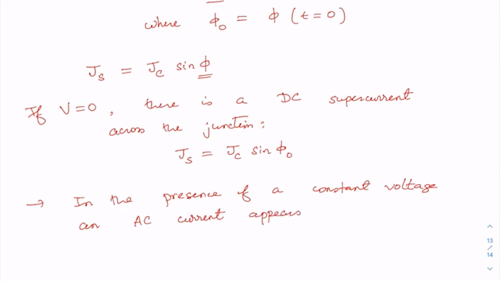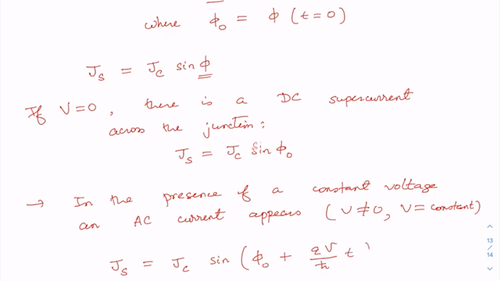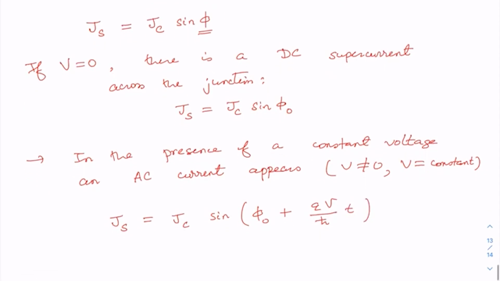If V is non-zero and V is equal to a constant, then this AC current would be given by Js is equal to Jc into sine of phi 0 plus q into V by h cross into t, which could further be written in this form.